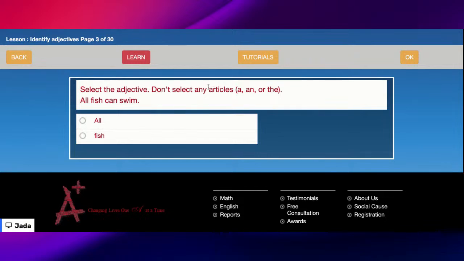Option one, two, because this is answering the question how many. Okay, yes, good. So it's like how many fish, and it is all. Okay, how many? Yes, good.